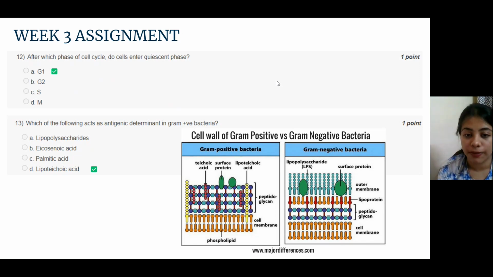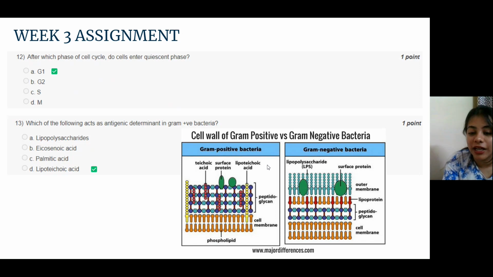So in gram-positive bacteria, you can see here the cell walls of gram-positive and gram-negative bacteria taken from this website. These are the two types of cell walls normally present in these two bacteria, based on which they are capable of taking up gram stain, and hence the nomenclature of gram-positive and gram-negative comes in. Gram-positive bacteria have the cell membrane and a thick peptidoglycan layer, which has lipoteichoic acid and some other surface proteins.